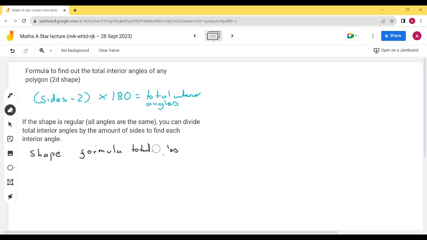In fact, I'm going to change that a bit to save a bit of space. We've got total angles and we've got individual angles, irregular.